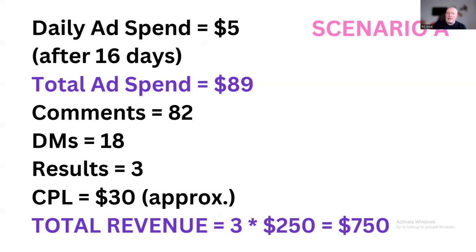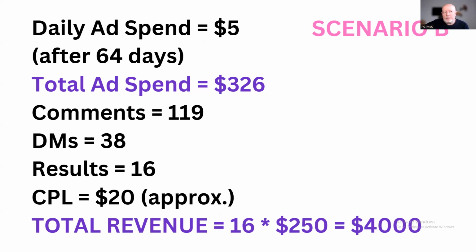The number of direct messages received were 18. And the number of results were 3. So the cost per lead was approximately $30. The total revenue was 3 times 250, which was $750. Not too shabby by all accounts.